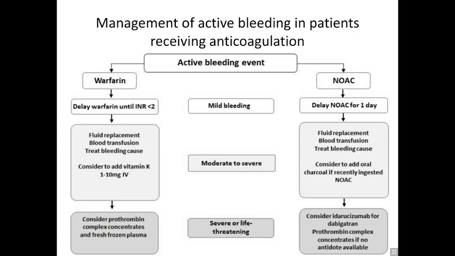If your patient takes, for example, dabigatran, we know about the antidote, idarucizumab. Or prothrombin complex we can use for an anticoagulant without an antidote, for example, apixaban. We don't know about an antidote for apixaban.